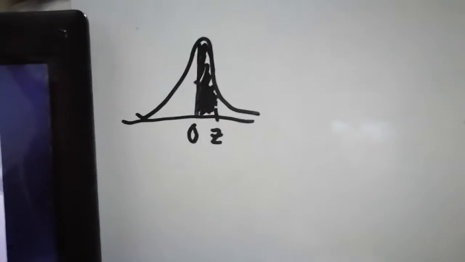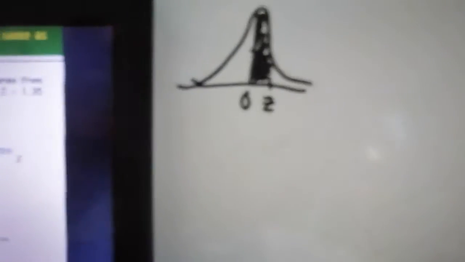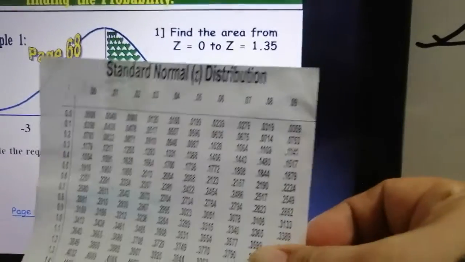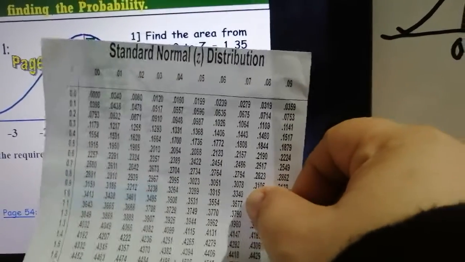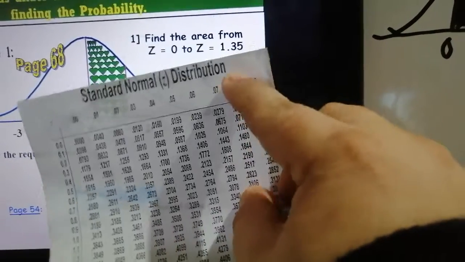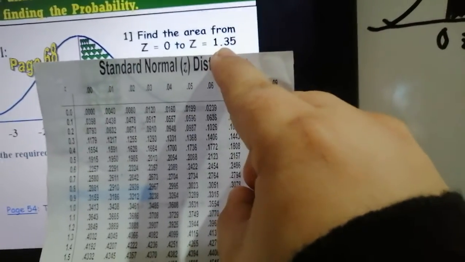So we're very lucky because we can utilize the table and find the area under the normal curve. So again, if we go back to this example, our z is from 0, and this is what the table gives us, from 0 to 1.35.